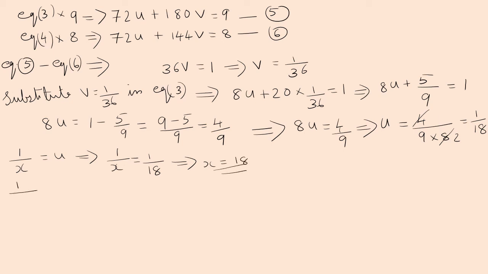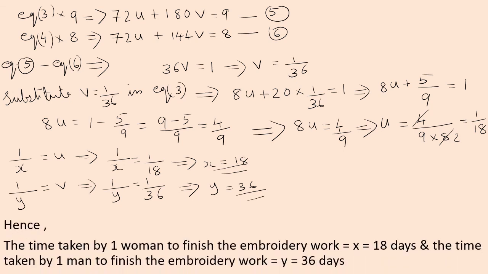Same way, 1 upon y equals v, that is 1 upon y equals 1 upon 36, that is y equals 36. So you are getting x as 18, y as 36. Hence, the time taken by one woman to finish the embroidery work, that is x, is 18 days, and the time taken by one man to finish the embroidery work, that is y, is 36 days.